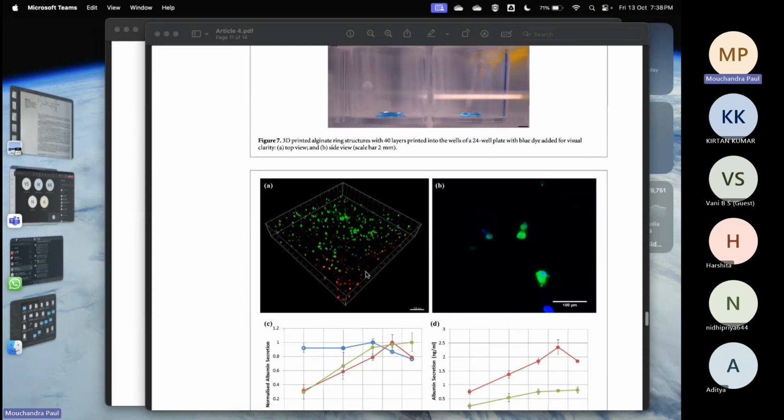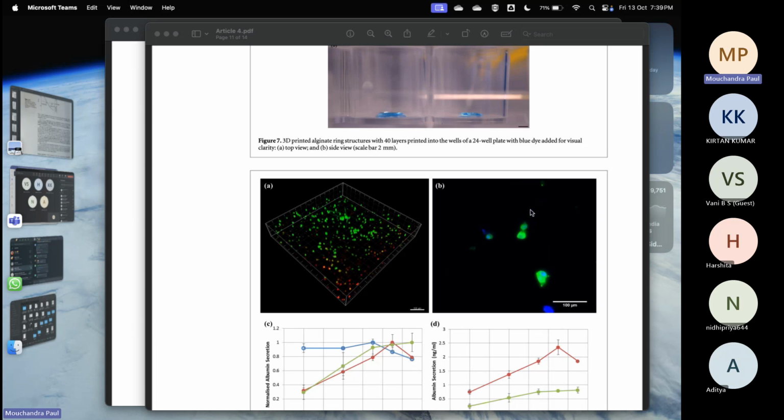I talked about the live and dead assay, right? Where 1 hour post printing, they stained with dyes that stain your live cells green and dead cells red. This is the kind of image that you can get from a confocal fluorescence microscope, and from this you can calculate how many green dots and how many red dots there are.